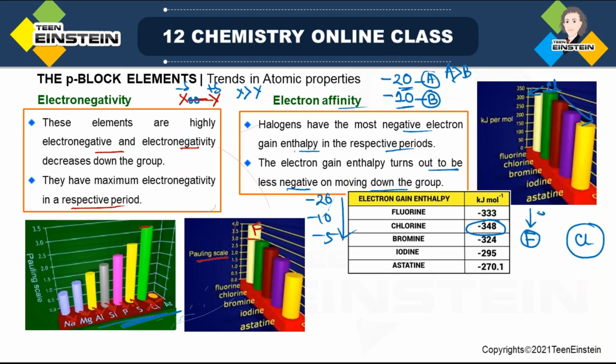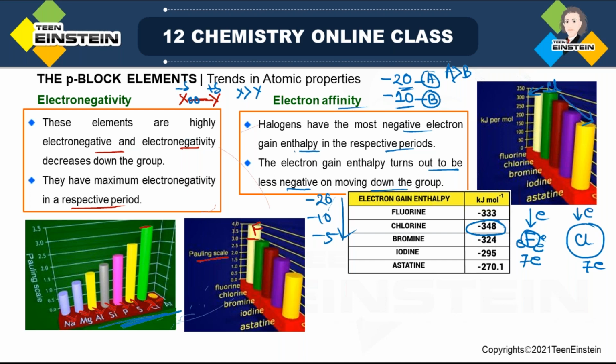So when you are adding one electron forcefully, there are already some electrons present. The electron density is very high because the same number of electrons, 7, are present in a smaller volume. In chlorine also there are 7 valence electrons, but the volume is higher. That means the electron density is high in case of fluorine.